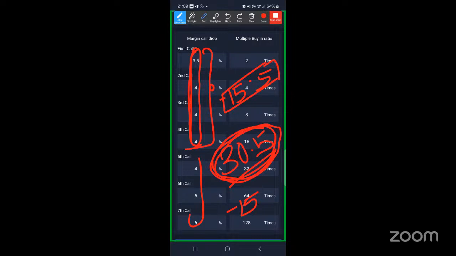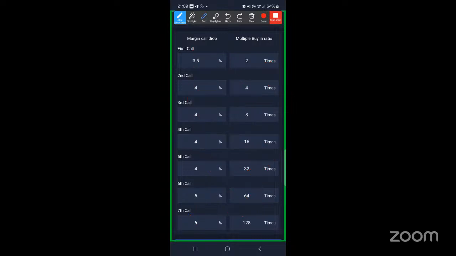Here are two things that I think you can do. Number one, if the money you have is able to cover 4 margin calls, but the coin you are entering has the potential, it is showing you that it has the ability to go down up to negative 30. Option number one, pick another coin that can drop up to negative 15.